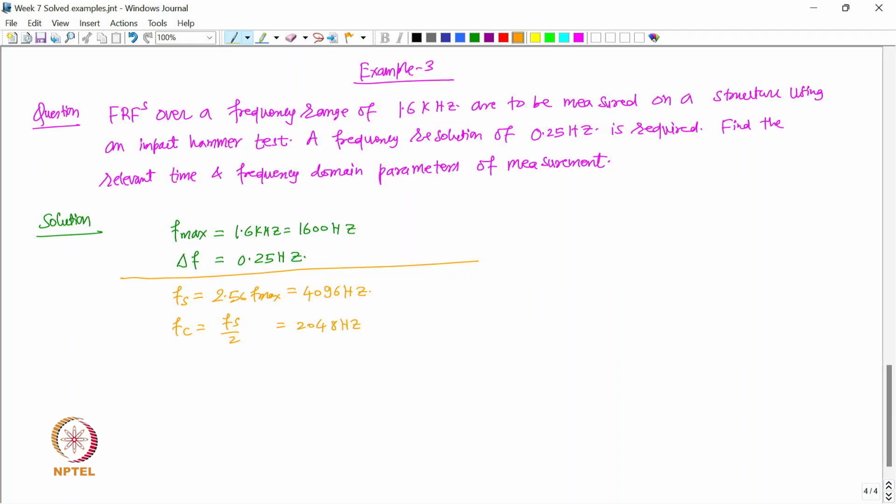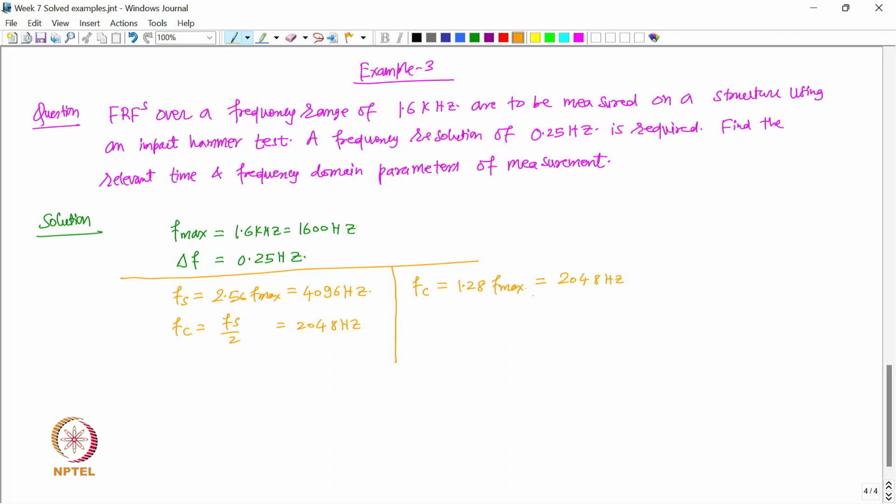Alternatively, the cutoff frequency of the anti-aliasing filter is 1.28 times the maximum frequency. So, we are trying to filter out all the components which are beyond 1.28 times f max, and this is 2048 hertz.